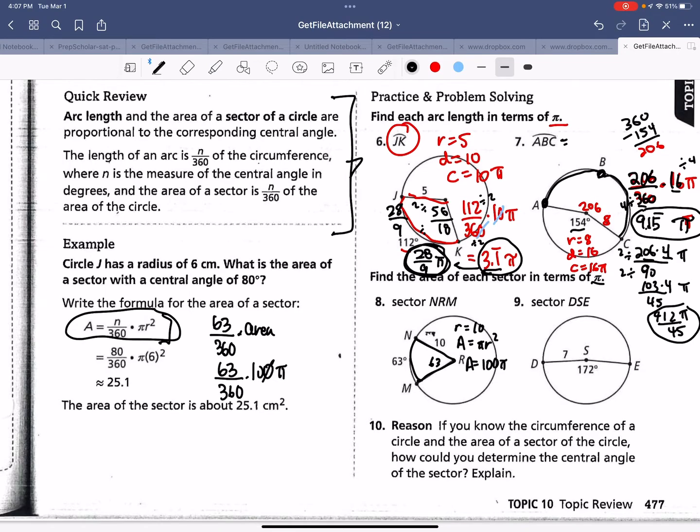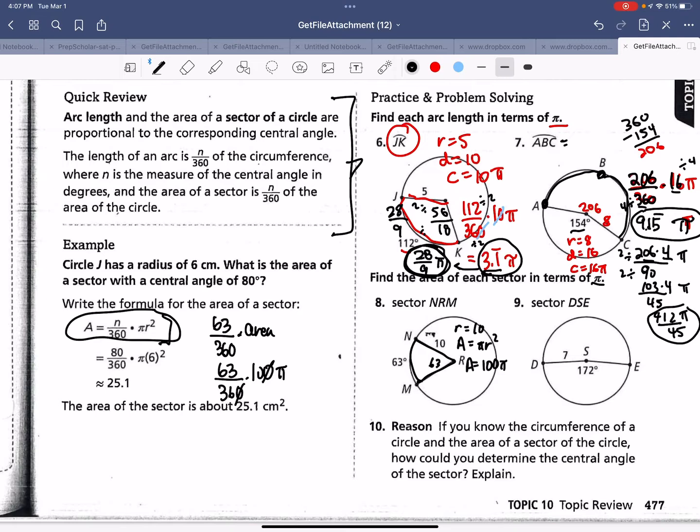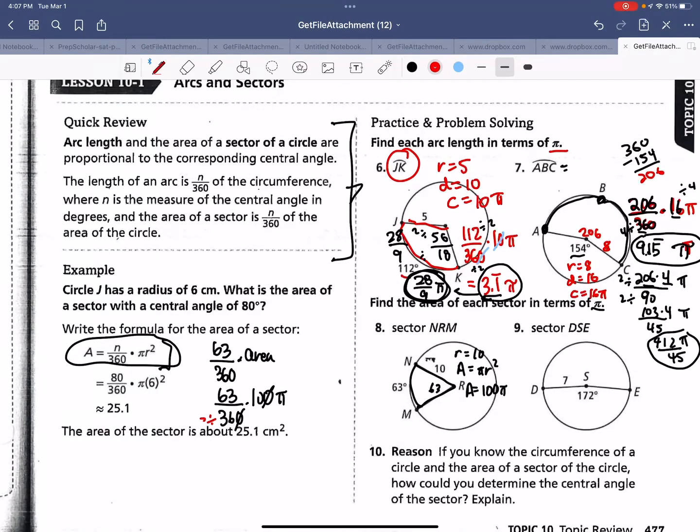Okay, so 10 divided by 10. These both look like they have a 3 in it, so I could divide the top and the bottom by 3. 63 divided by 3 is 21.